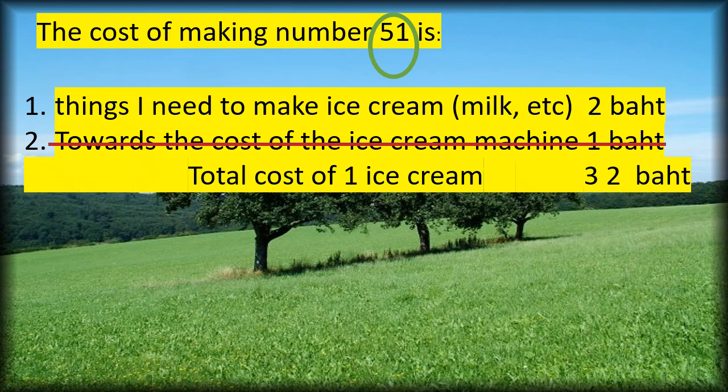Why not? Because the full cost of the machine is already covered by charging 1 baht for the first 50. After number 50, I don't need to charge any more. I will have enough from the first 50 to pay for the machine. So the total cost of number 51 is not 3 baht, it's 2 baht.